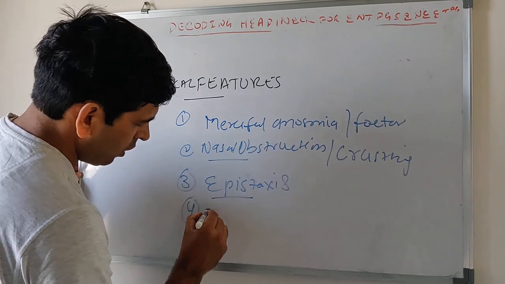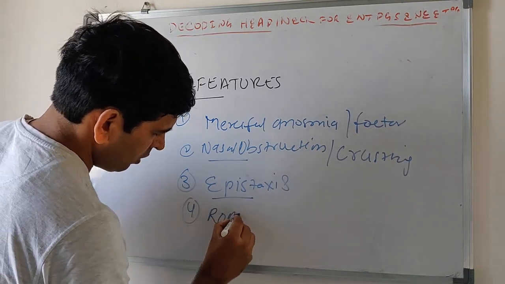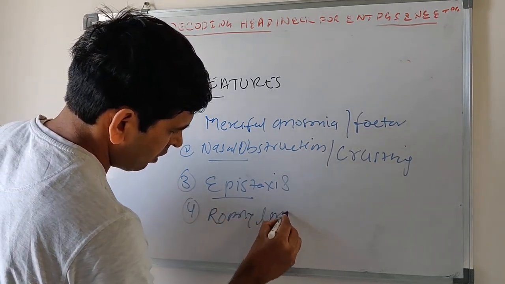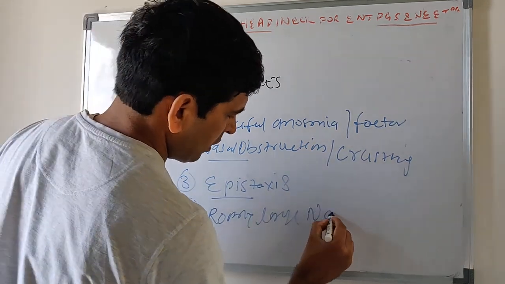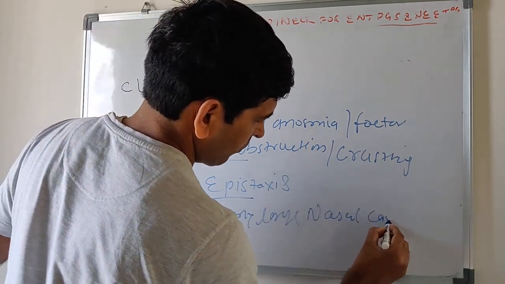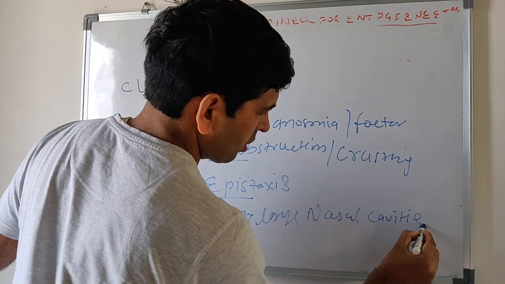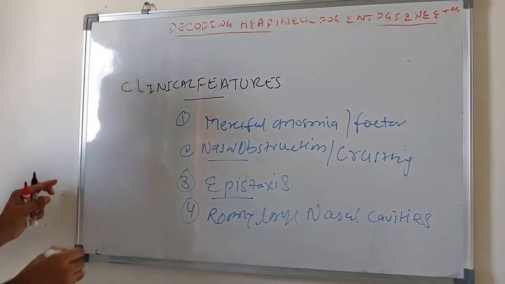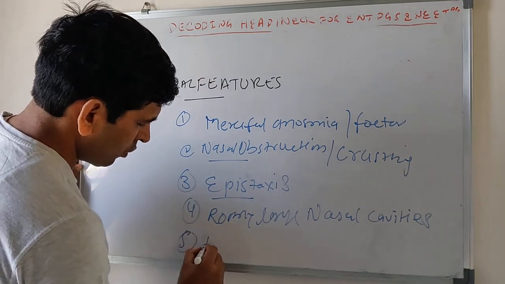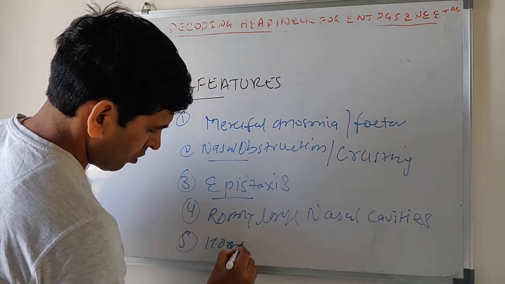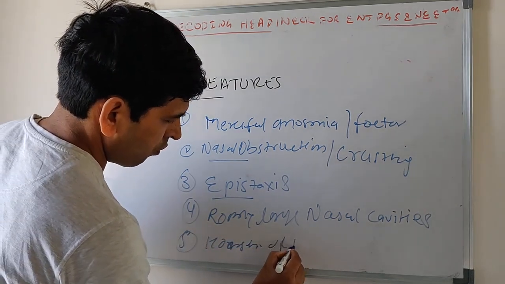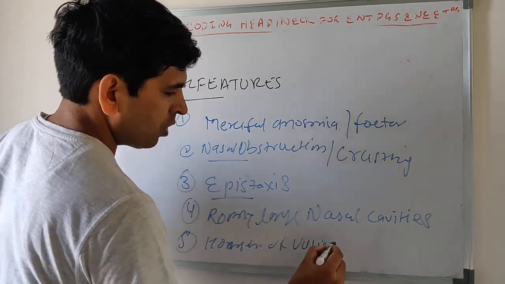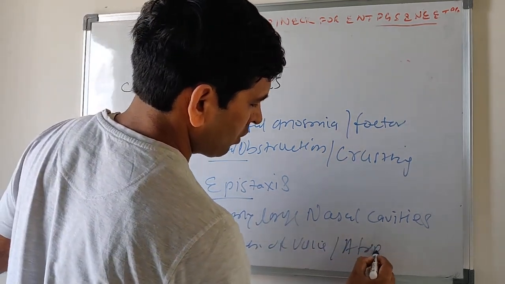On endoscopy, there will be roomy, large nasal cavities. There may be hoarseness of voice due to atrophic laryngitis.